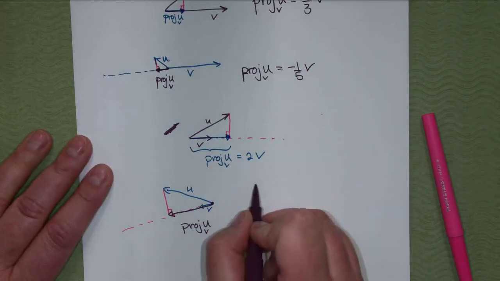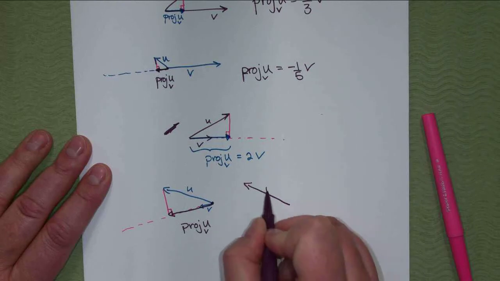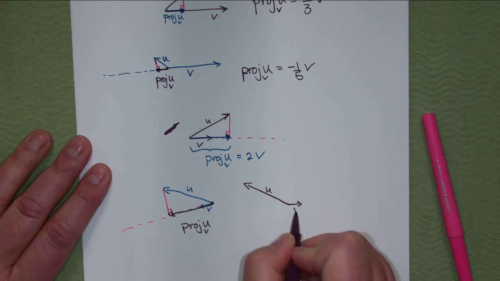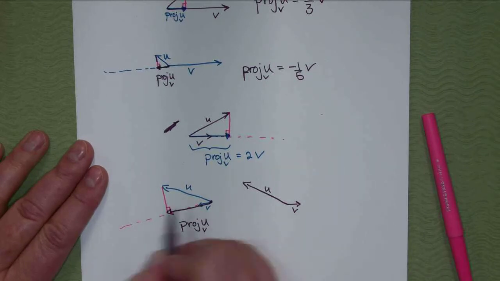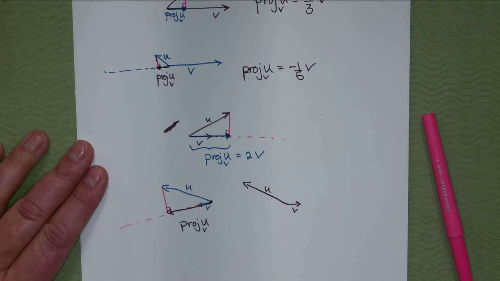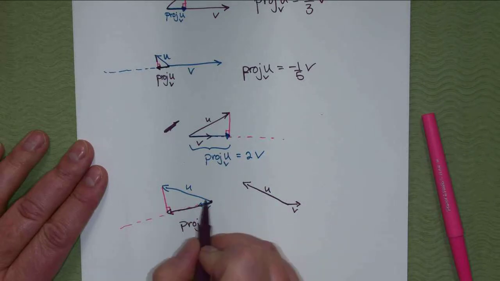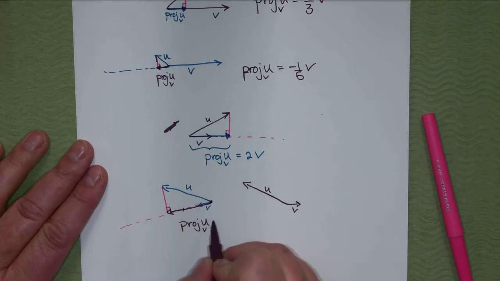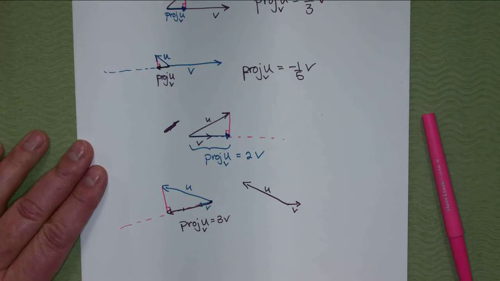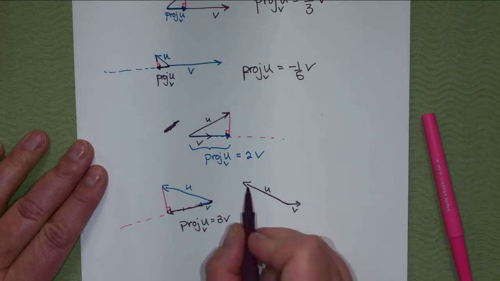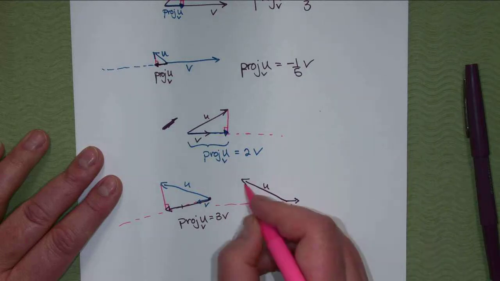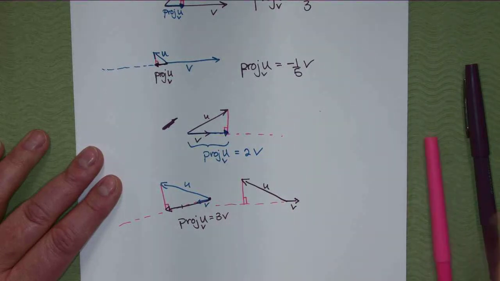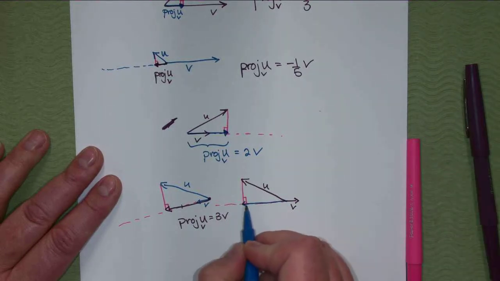Opposite direction would have to be this way. There's a U and a V. This is the same direction. I made them go the opposite direction, but this is still, how long does that look? Maybe 3 times? Maybe 4? Yeah. What about this one? So let's make that line bigger, V. If I project down, then here's the projection.